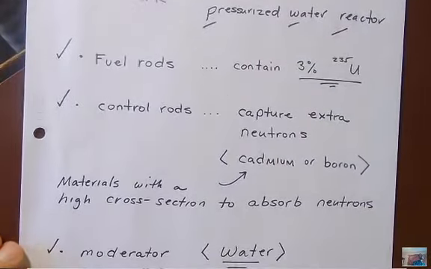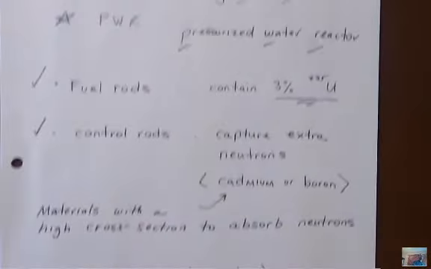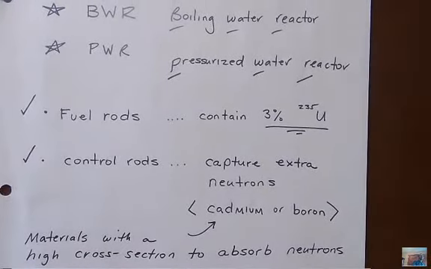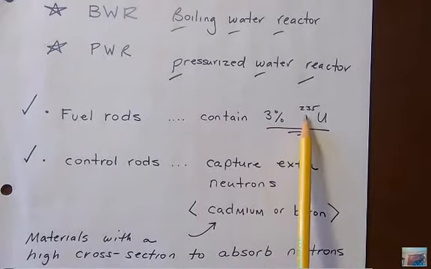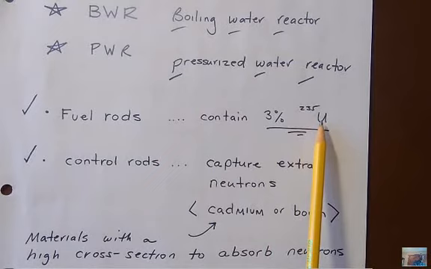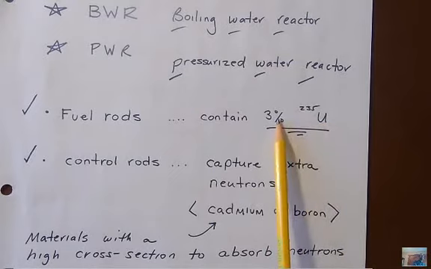Okay, here's some pieces. The rest of the page is stuff that you need in order to build a nuclear reactor. So you need fuel rods that contain the 3% uranium-235 in them, that they've been enriched with 3% U-235.